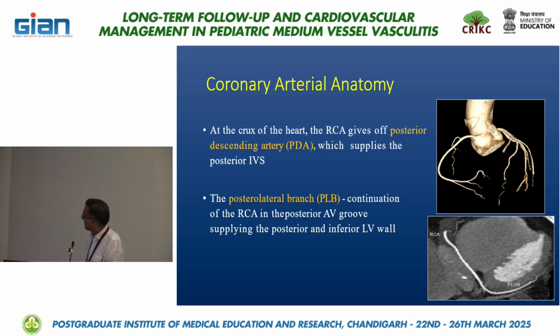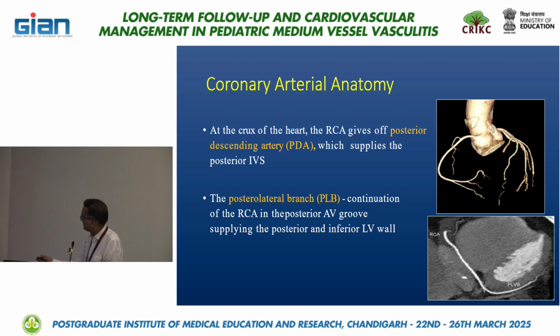We can see at the crux of the heart it then bifurcates. This one goes to the posterior interventricular septal region. It is the PDA, and the other goes to the posterior and inferior left ventricular lateral wall, the posterolateral ventricular branch, in case of a right dominant system.